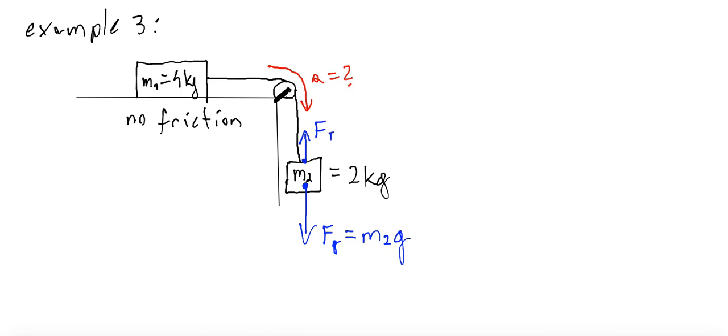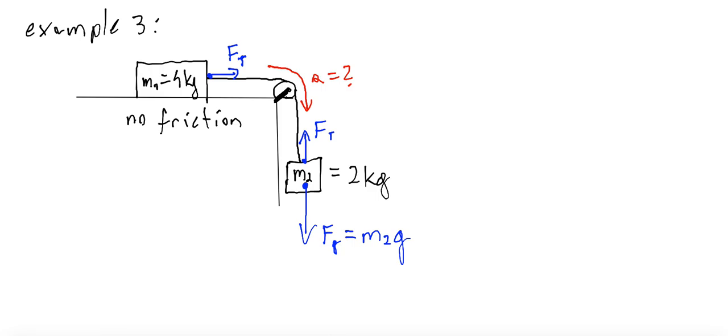The string is connected to mass m1, so the tension of the string at the position of mass m1 is the same as the tension of the string at the position of mass m2. In other words, this is the same tension, and this tension acts on mass m1. Is it clear? The question is not about the tension, the question is about the acceleration of the system.